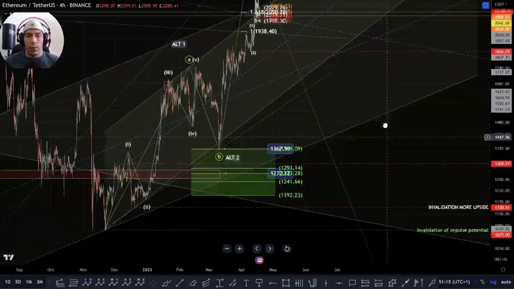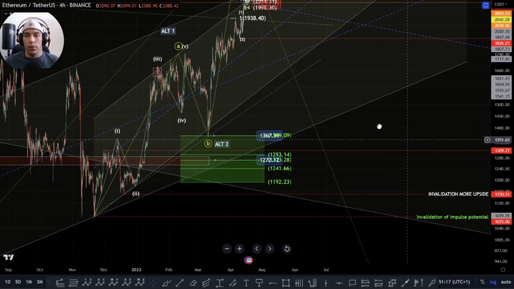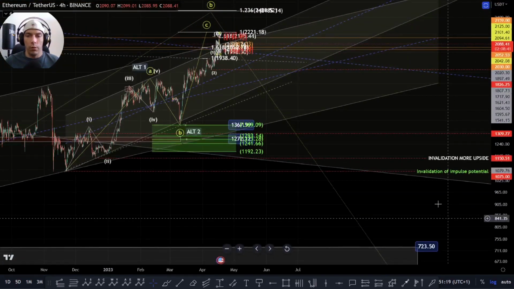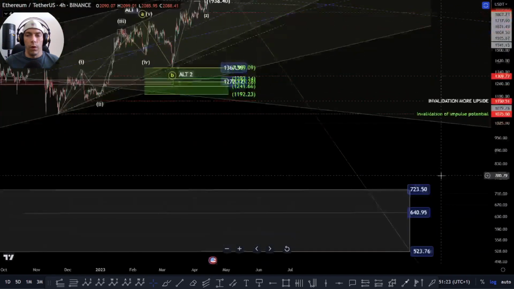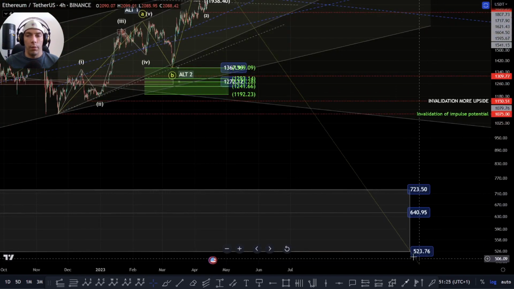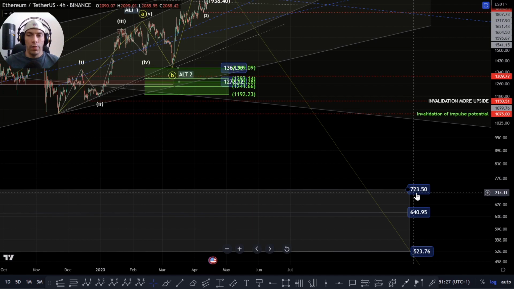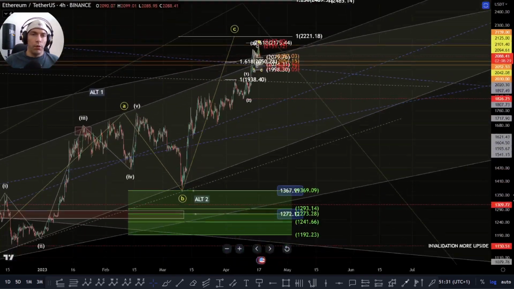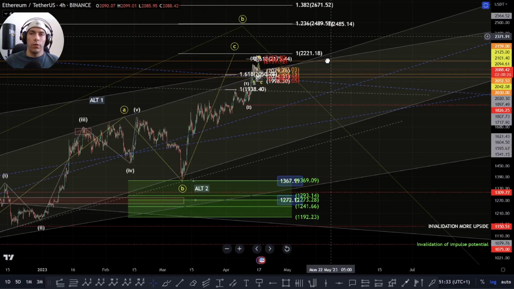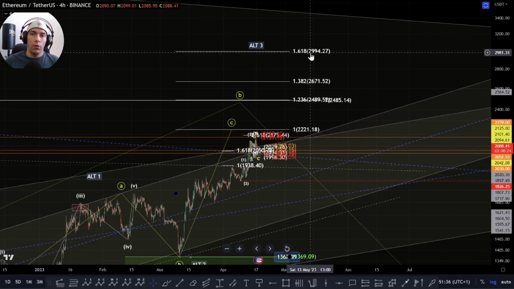So we need to be aware that if we do start to break down, we could still see some of these lower prices towards this $400, and then the higher range I'll still be looking for would be this 723 to this 523 area. So there is still the potential we could be looking for impulsive structure, but we haven't met that requirement yet.